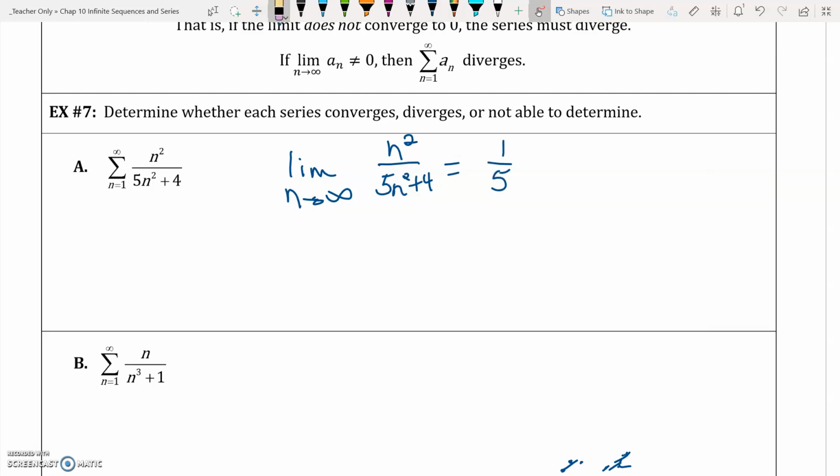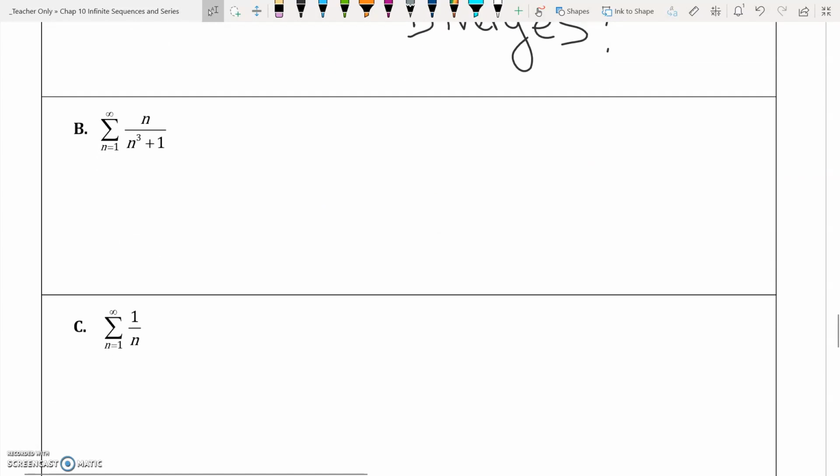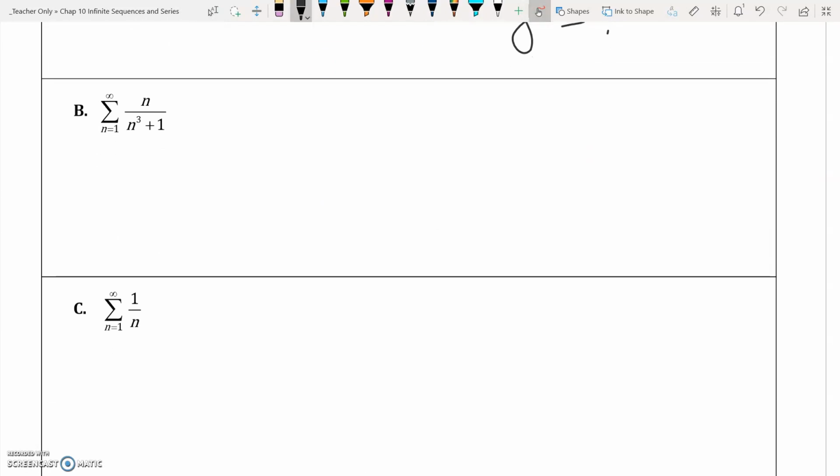With that, we can see right away that 1/5 is not equal to 0. So we can say that this series diverges. That's pretty definitive.